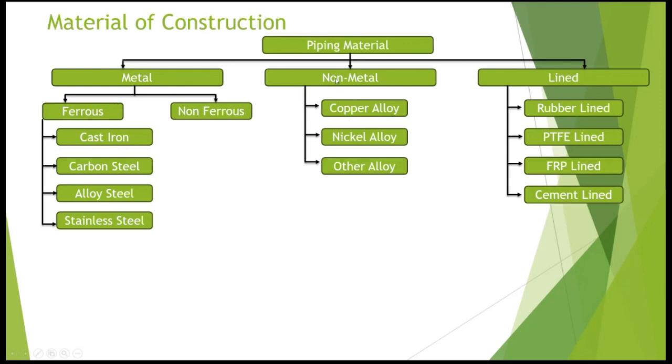In non-metal, you have plastic pipe, GRP pipe, glass reinforced pipe, and FRP pipe, fiber reinforced pipe. As an example of plastic pipe, nowadays in sanitary piping in our bathrooms, we use a white PVC pipe that you must have seen. But in the older days, there was no PVC pipe. They used galvanized iron, GI pipe, as they used to call it.